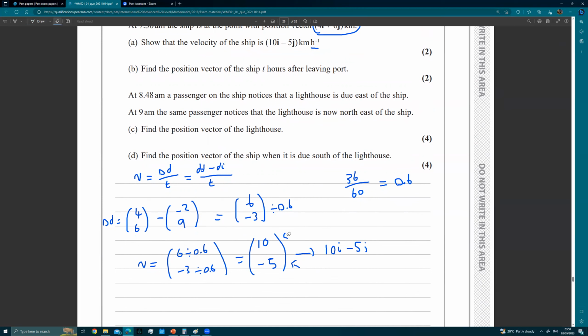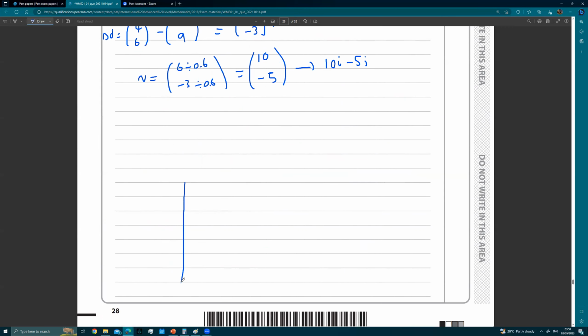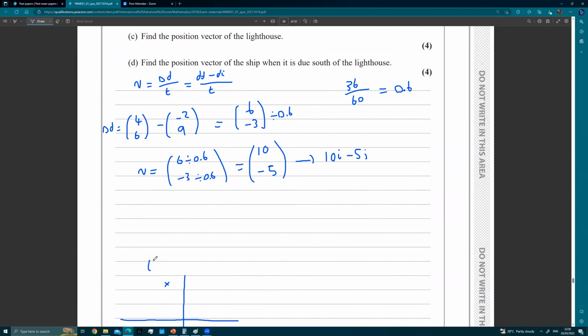Okay, it says find the position vector of the ship t hours after leaving the port. So the position vector of the ship will be its initial position, which was on the port at -2, 9, right? So this is where the ship was at the start.